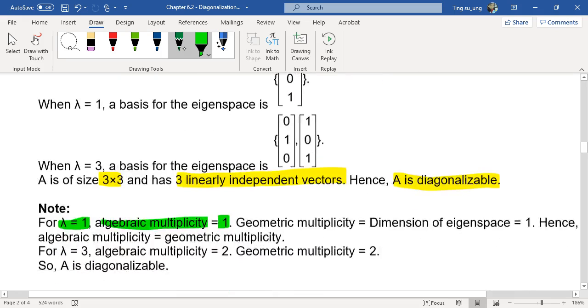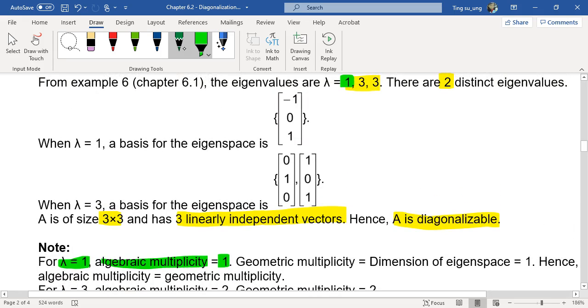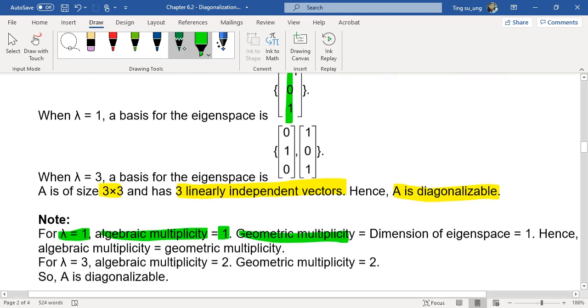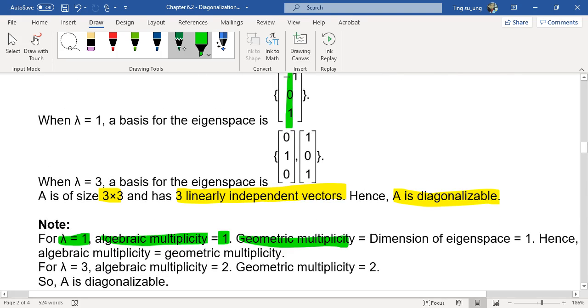What is your geometric multiplicity? It is 1, because you have only one eigenspace here. So you can see 1 and 1, so it's fulfilled. See, it's the same. You get the idea? Maybe not. I will put it in a diagram, easier.